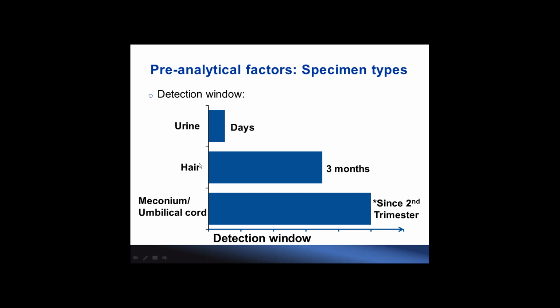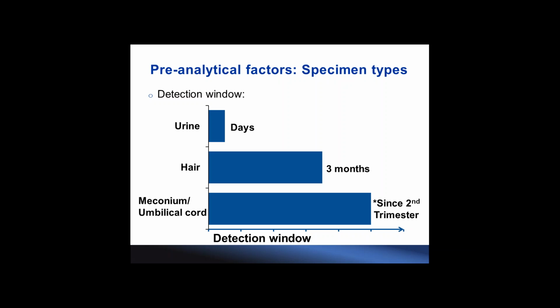That makes a big difference compared to the hair, meconium, and umbilical cord specimens that have a much longer detection window. And what they do is that they collect the drugs and metabolites within this time frame to have this to test.